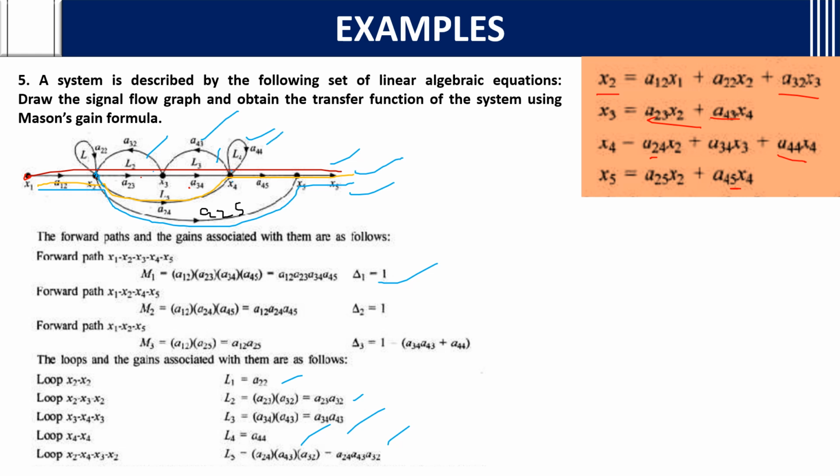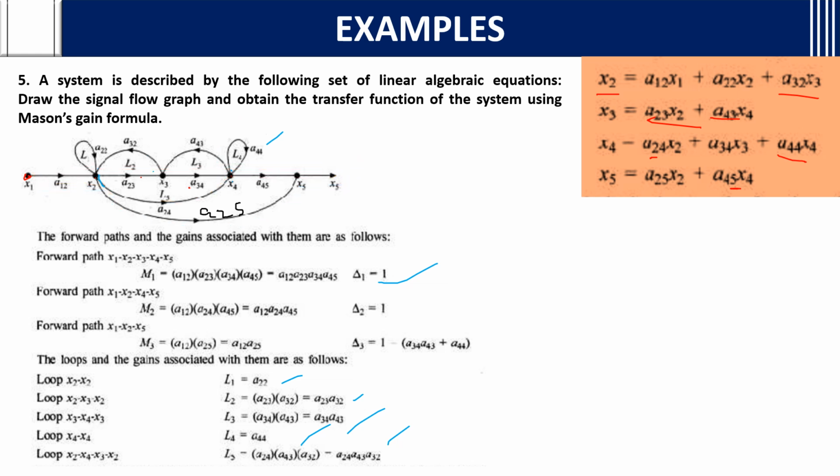Then one more loop you have is what? a24, a43, a32.